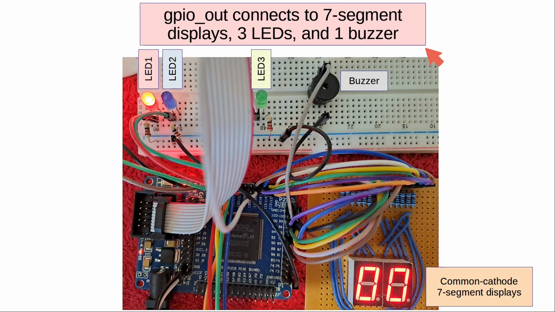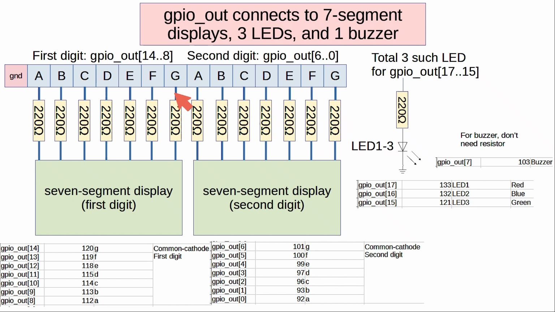Now let's take a closer look at the output board. For the output board, we have 3 LEDs, 1 buzzer, and also the common cathode 7-segment displays. The schematic is quite straightforward. This is the ground from the FPGA, and all of these pins are from the GPIO out of the FPGA connected to the 7-segment displays.